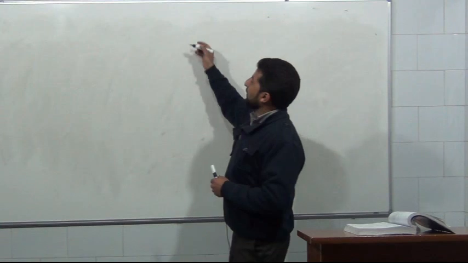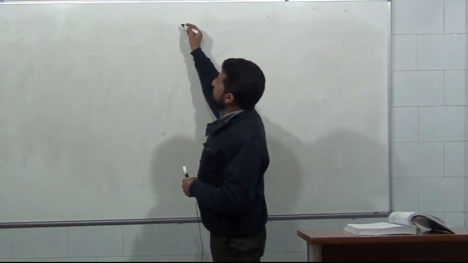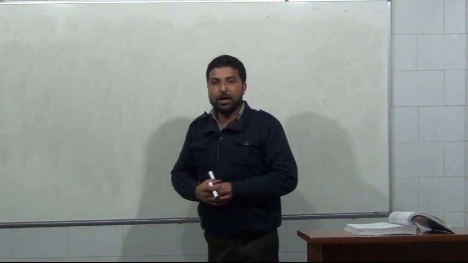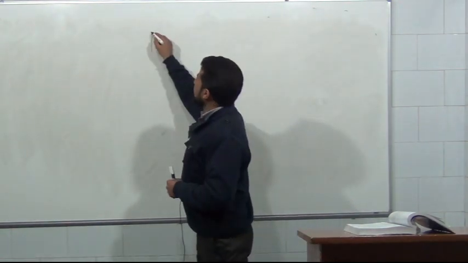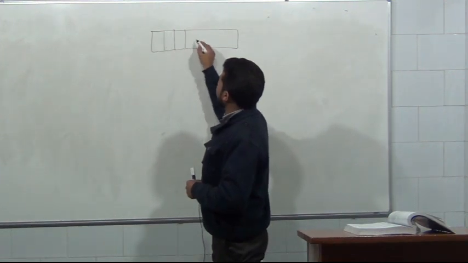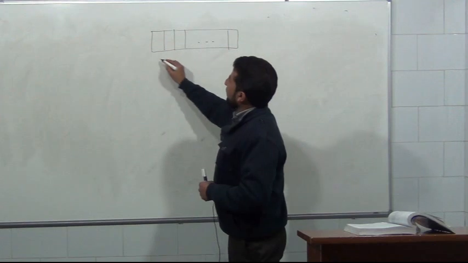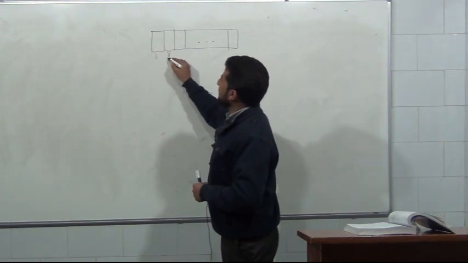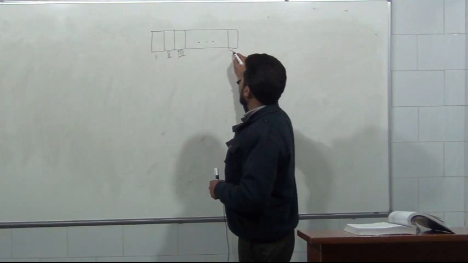Look here, you have n objects and you have to fill up r places: first place, second place, third place, and rth place.